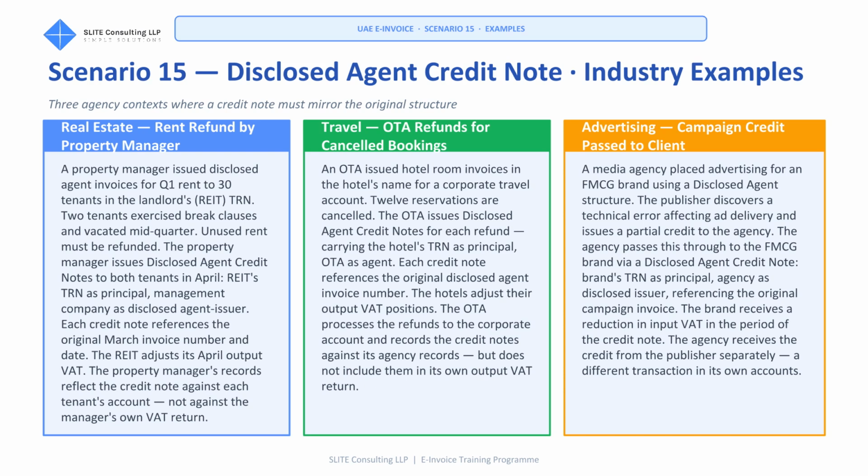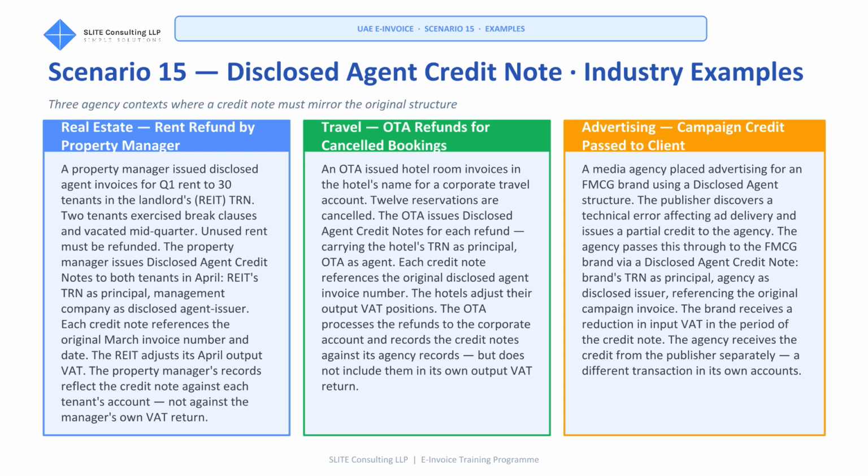Second, travel. An OTA issued hotel room invoices in the hotel's name for a corporate travel account. 12 reservations canceled. The OTA issues disclosed agent credit notes carrying the hotel's TRN as principal, OTA as agent, for each refund. The hotels adjust their output VAT positions.